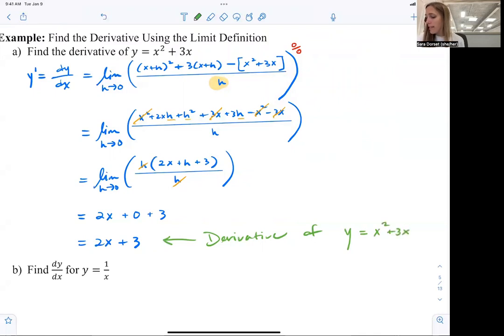This is not the tangent line. I understand why that's confusing since it's linear.